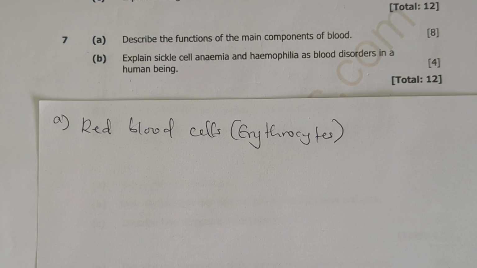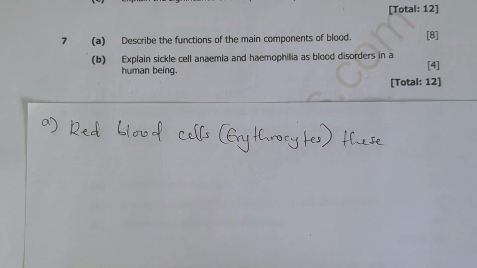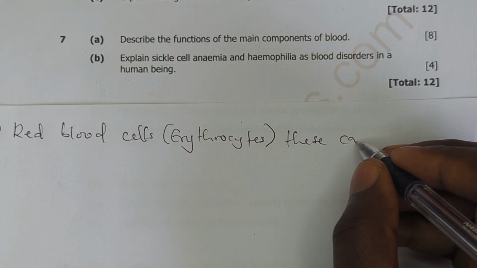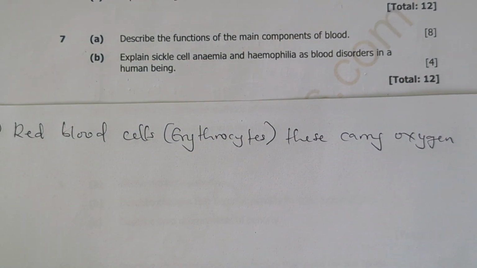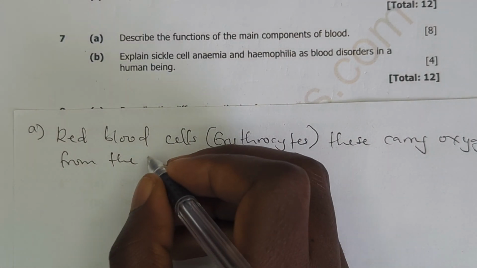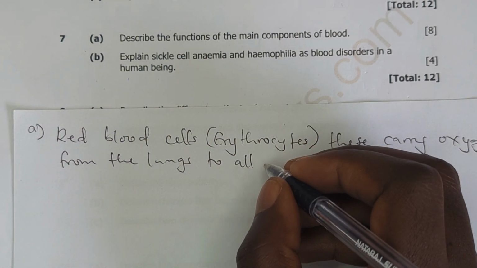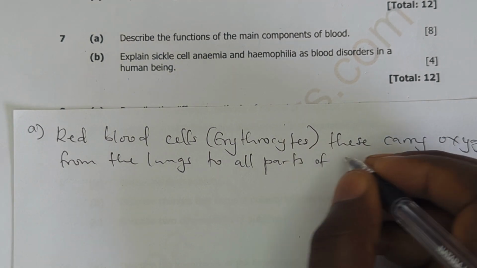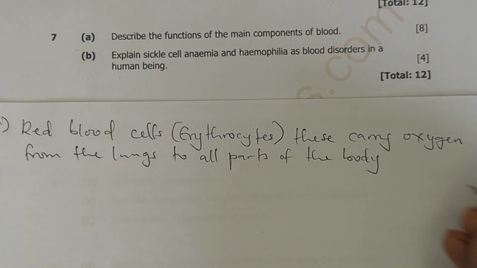Now the function of erythrocytes or red blood cells, these carry oxygen from the lungs to all parts of the body, using a protein called hemoglobin.